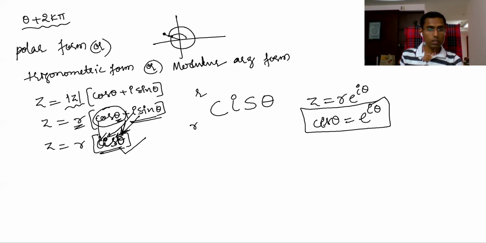So this is the polar form. But here, a very important thing is that theta must be the principal argument, that is minus pi to pi. In polar form, theta must be the principal argument. So that's the condition. Then we'll discuss properties.